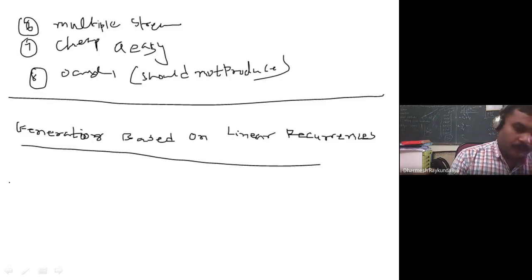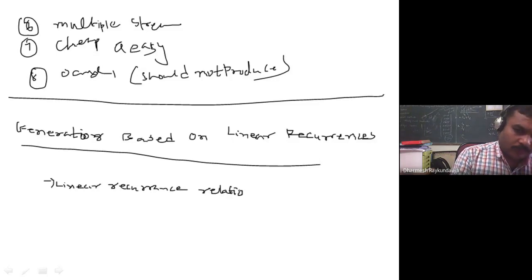The most common method for generating pseudo-random numbers is a linear recurrence relation. The best way is to use the linear recurrence relation, and the method based on this linear recurrence is the simplest way of generating a random number, so the pseudo random number.